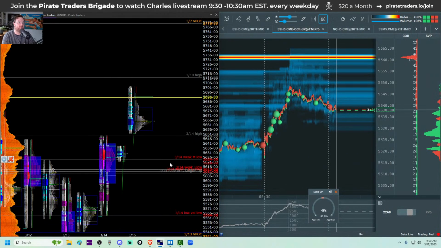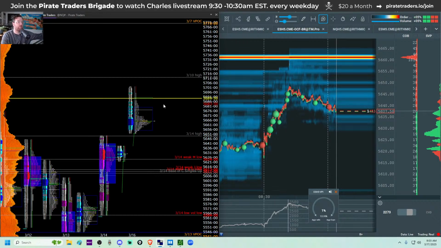I always roll over on the first day of the rollover, which is today. The reason is that the continuous contract I trade with my market profile chart automatically rolls over on the first day. The markets are going to move together. If one of the contracts goes up a tick, the other will go up a tick. You don't need to worry about that. They will move in sync, but the price levels will be slightly different.